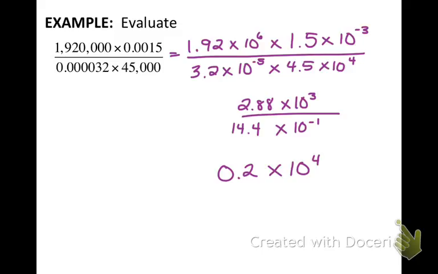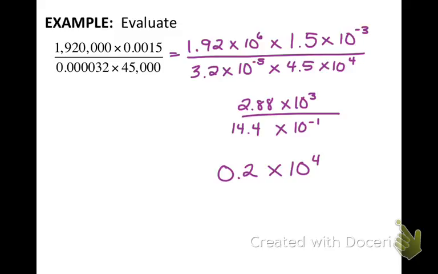That's not scientific notation yet. So remember, you have to have an integer larger than 1 in front of your decimal place. So if I were to move this decimal place over one more spot, what would that become? Would it be 5 or 3? It would be 3, right?